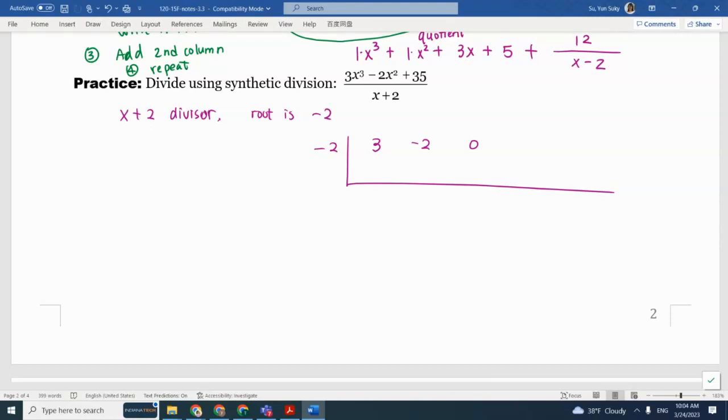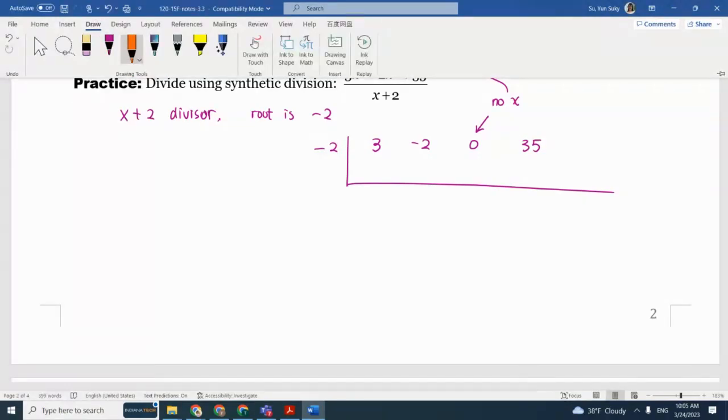The next number should be the x, but we don't have the x, so it's like 0 times x. And then the next number, 35. We put a 0 there because we don't have an x.